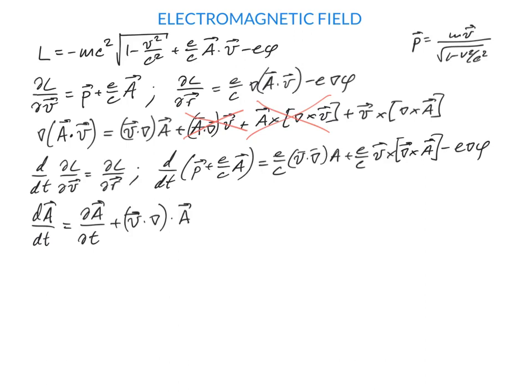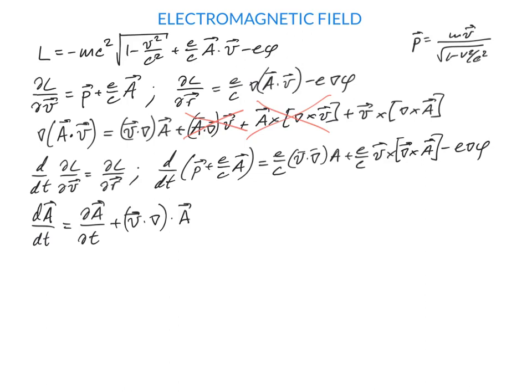So the motion of the particle gives this additional contribution to the full time derivative. Now, if we substitute this full time derivative into the left-hand side here, you see that the term coming from e over c times v dot del A exactly cancels the same term on the right-hand side here.